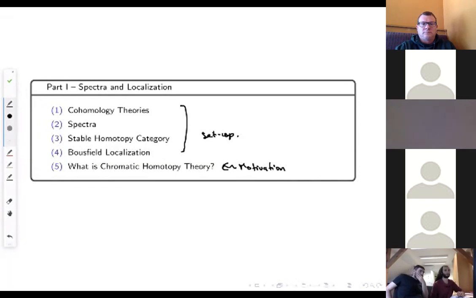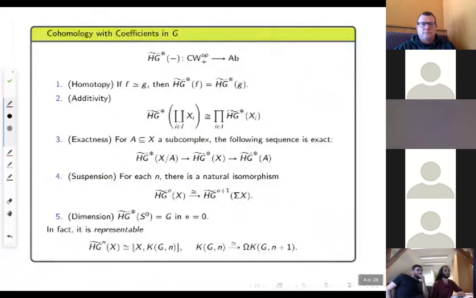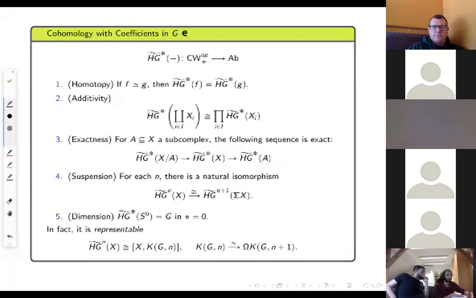All right, so I want to start somewhere where there's a good chance that everybody attending can meet me. If you've taken an advanced course in algebraic topology, then you've heard about ordinary cohomology with coefficients in G, where G is an abelian group.